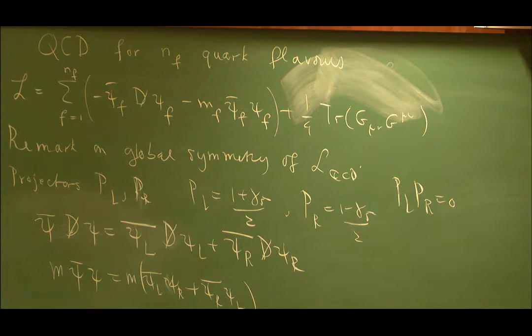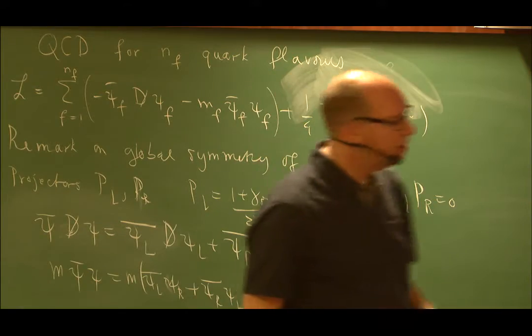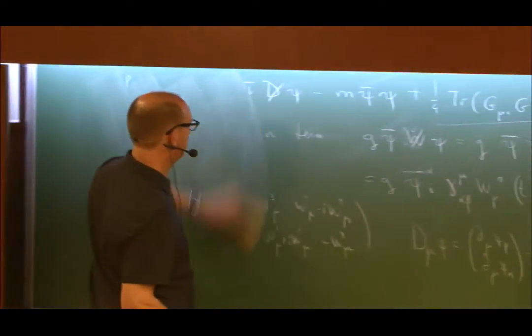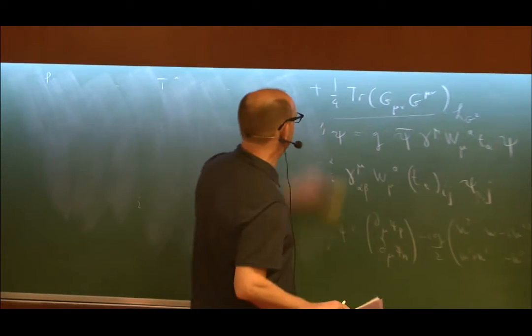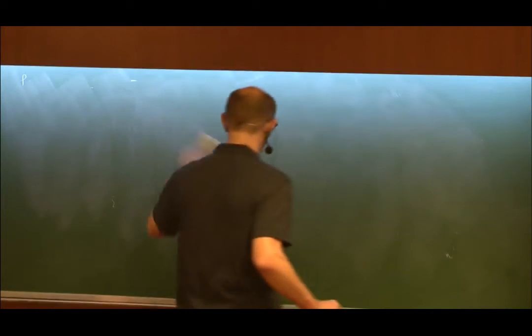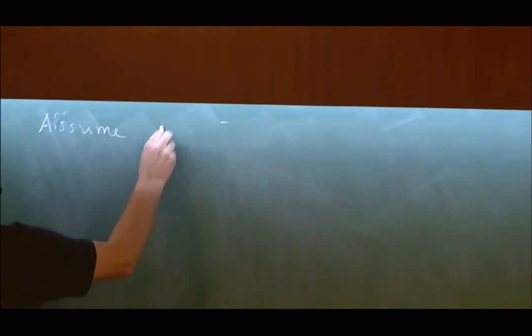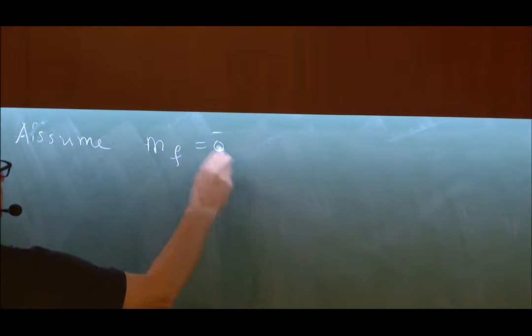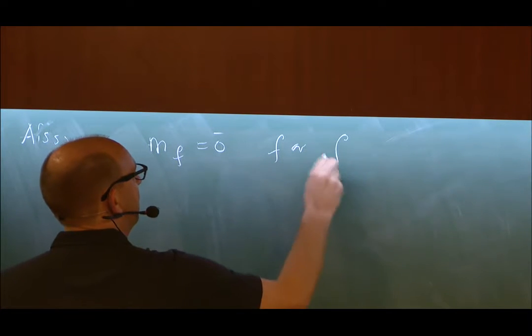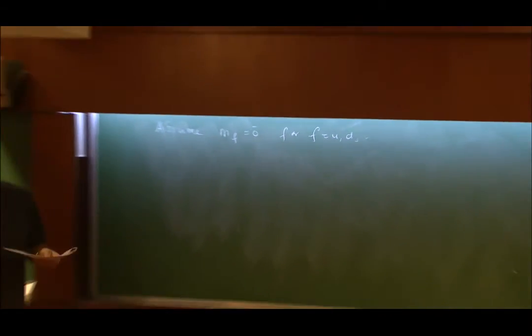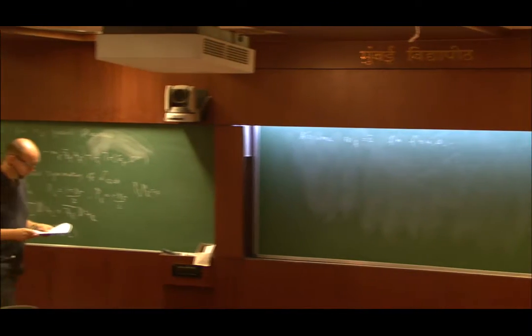Now, let's assume that the mass is 0 for some flavors. Let's take a couple of flavors and assume that their mass is so small we neglect it. So assume M_F is 0 for F is U, D, up to whatever we think is relevant for the problem we would consider.